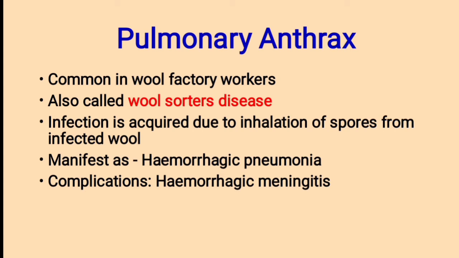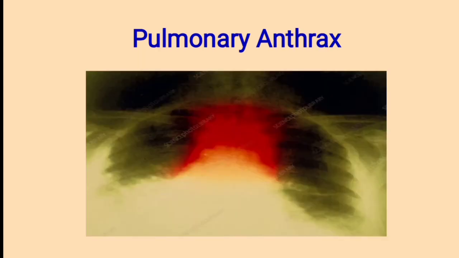Then, two manifestations are there: first, hemorrhagic pneumonia, then the complicated stage, hemorrhagic meningitis. This is the X-ray picture of pulmonary anthrax. Look at this picture. The lungs are filled with hemorrhage or blood.